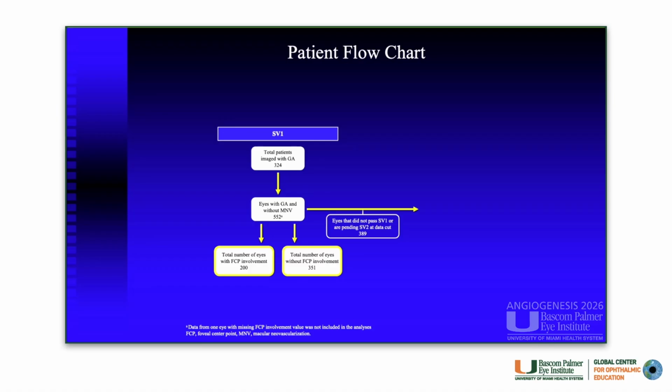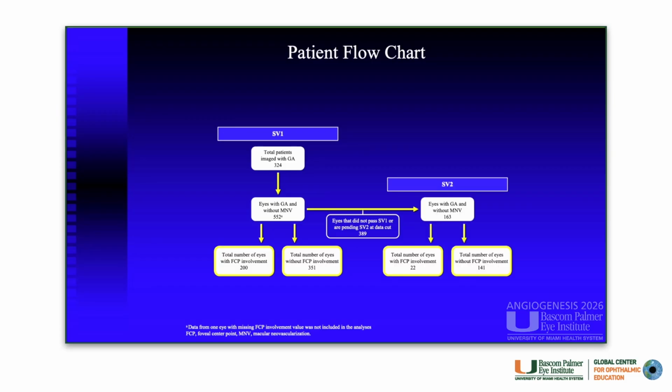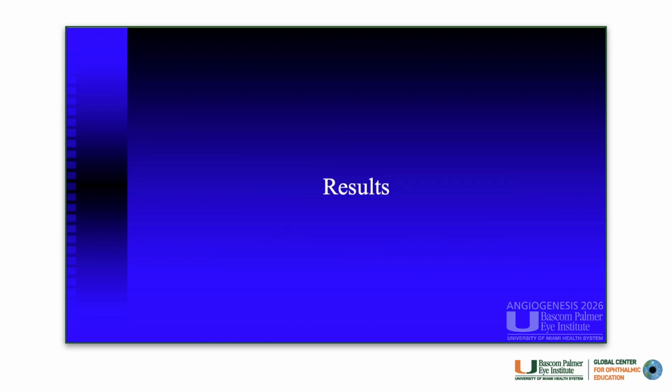And remember, this is an ongoing trial, and so the eyes that didn't pass the screening visit 1 or who still are pending their screening visit 2 were not included in the analysis, and that accounted for 389. So that left a total of 163 eyes with geographic atrophy without neovascularization, 22 with foveal center point, and the remainder of the 163 were the ones without foveal center point involvement.